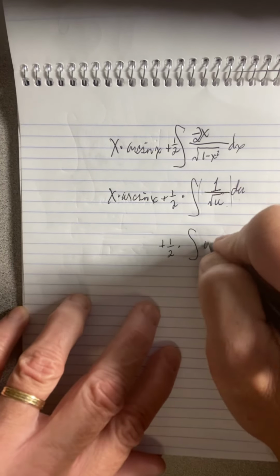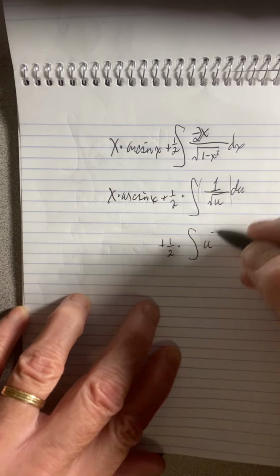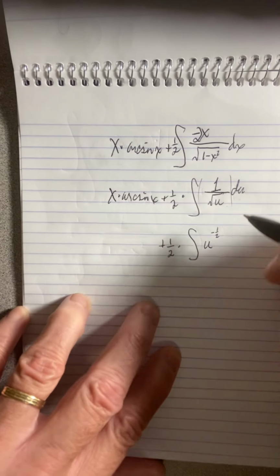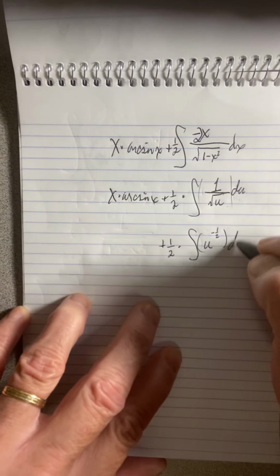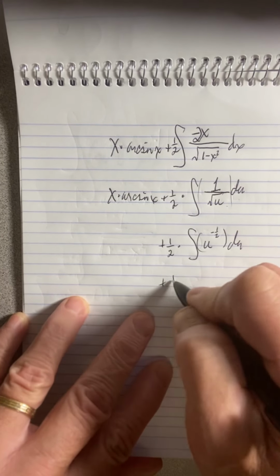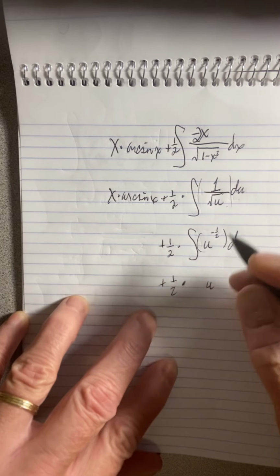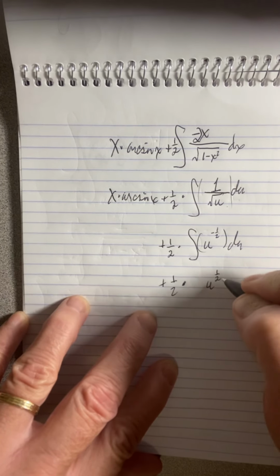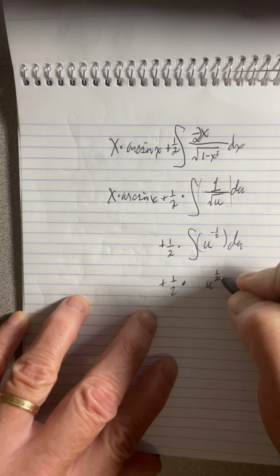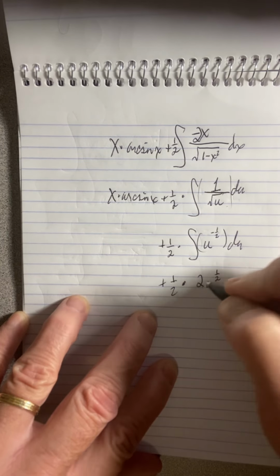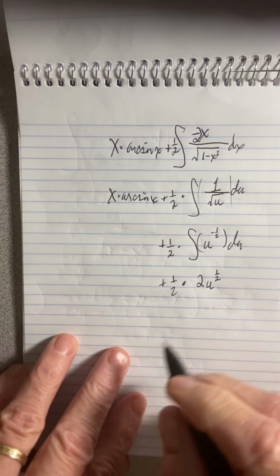We're going to rewrite that as u to the negative 1/2, because it's in the denominator and it's a square root, du. And then we have 1/2 times, you add 1 to the exponent, which gives me 1/2, and put the reciprocal of the new exponent out front. And then you add your plus c, so we won't forget that.